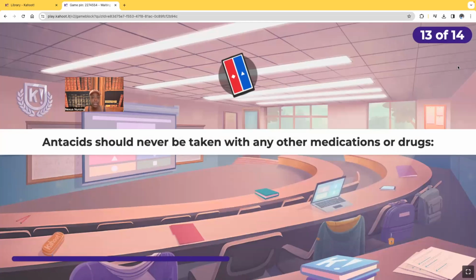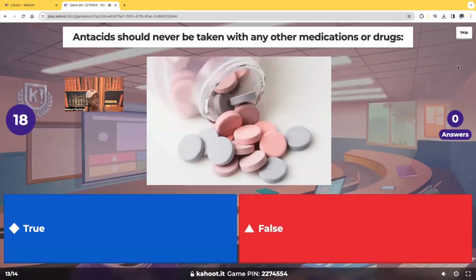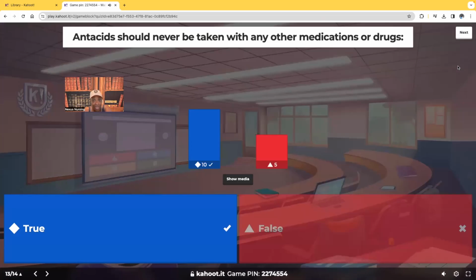All right, antacids should never be taken with any other medications or drugs. Is this true or false? True.